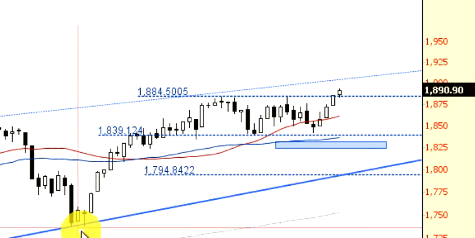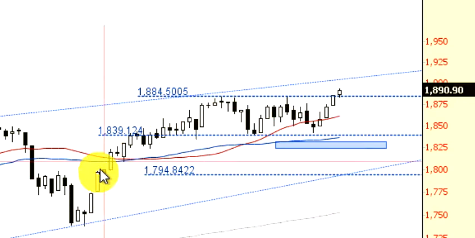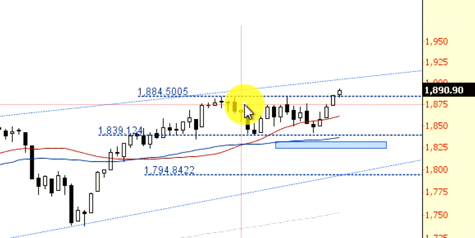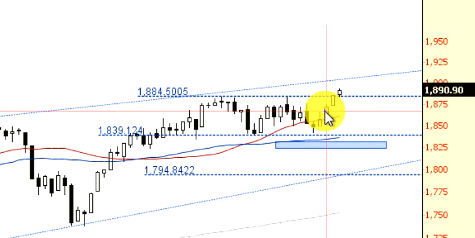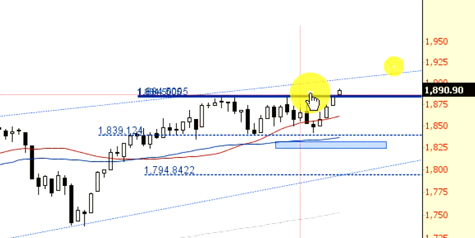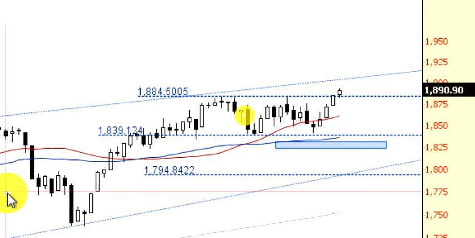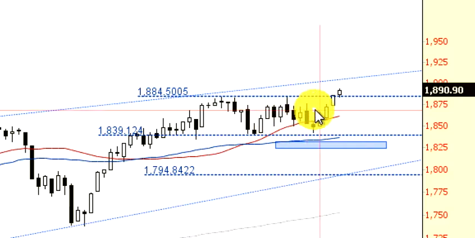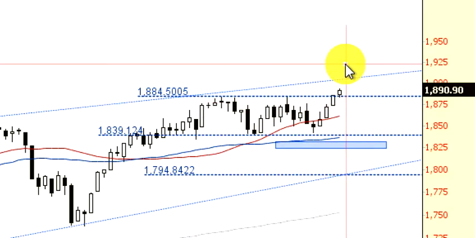It came up strong, and that's what happens when it moves real strong in one direction or the other. Then you tend to get a little bit of a consolidation before it either rolls over or turns up. But in this case, since the trend was up after the consolidation, the probability is that the trend continues, and that's always the case.